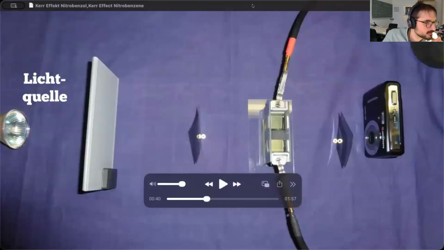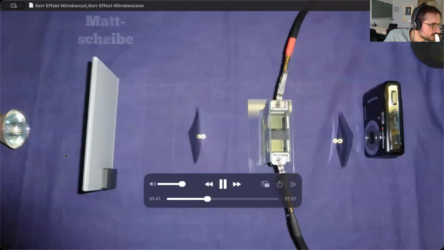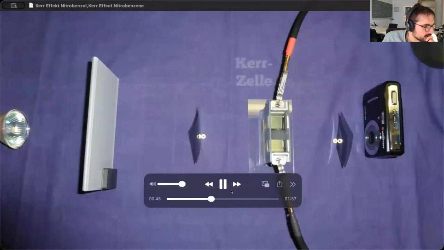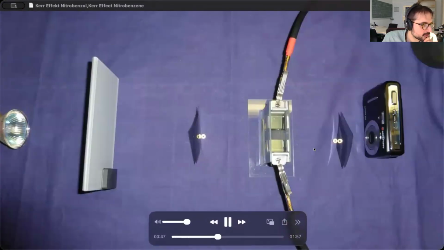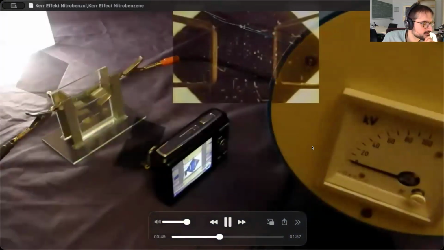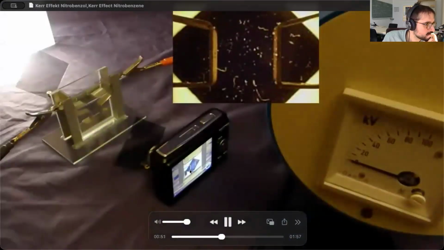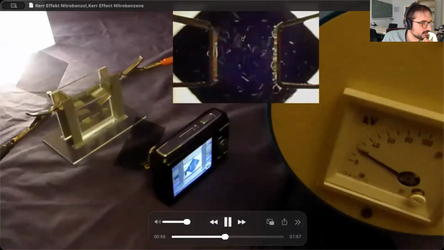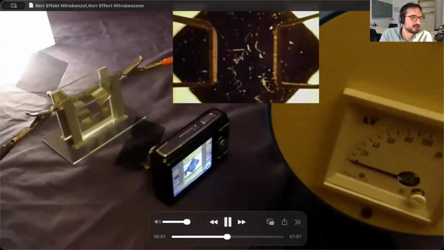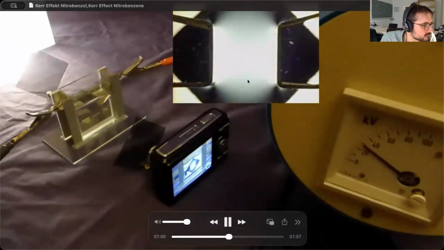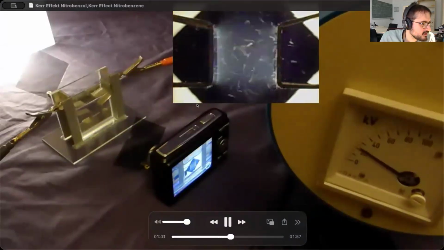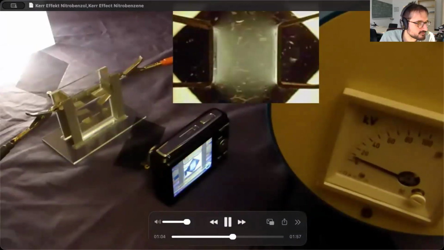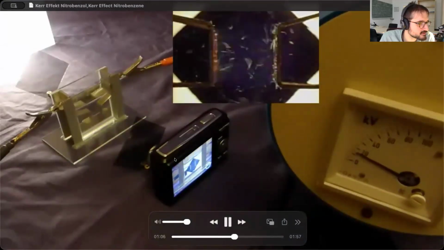Okay, now you should be able to see the video. So we have the light source on the left, and those are the polarizers, and we have the Kerr cell in between. Now we turn on the electric field and we see light. You turn off the electric field and you see nothing. This is the image from the camera after you have gone through the two polarizers.